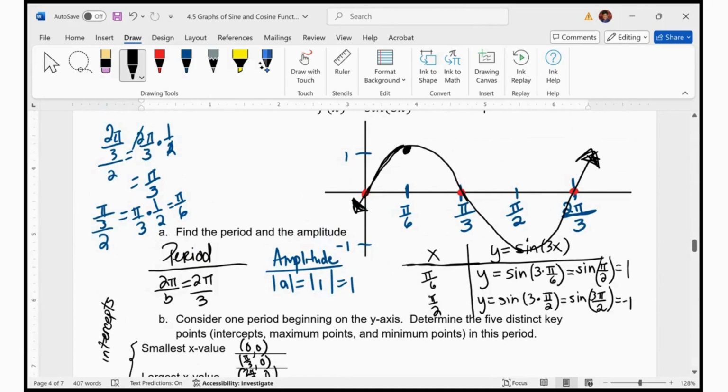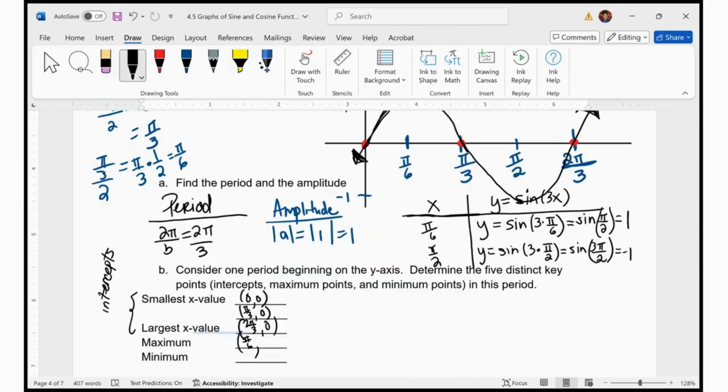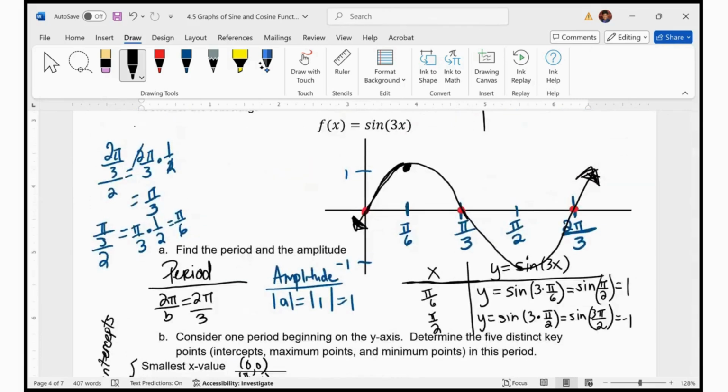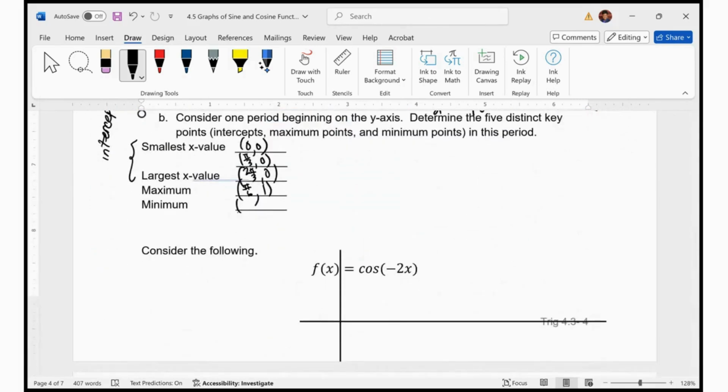Pi over 2. Pi over 2, -1. Okay. Pi over 2, comma, -1. All right, great. We are moving on.